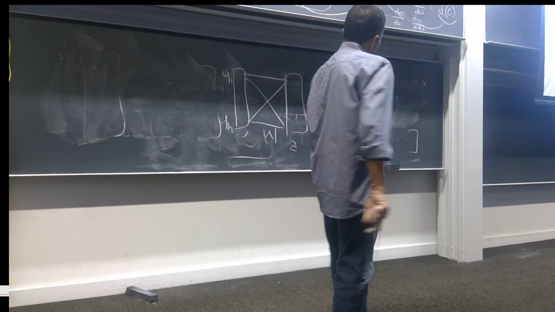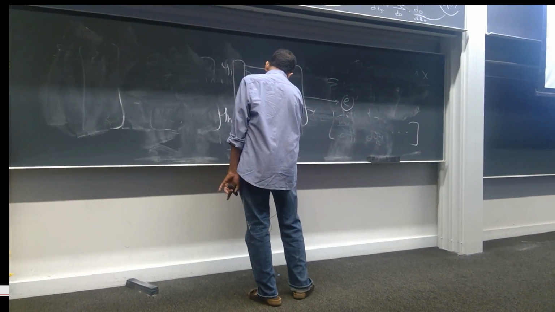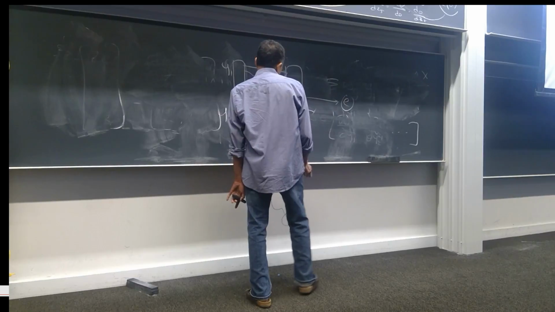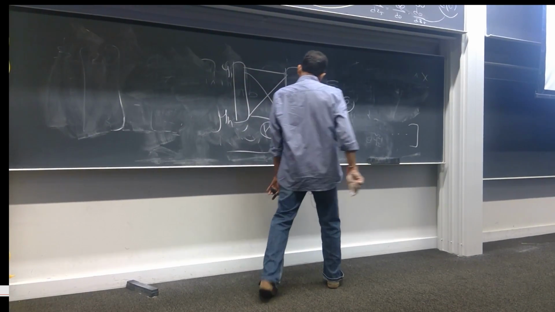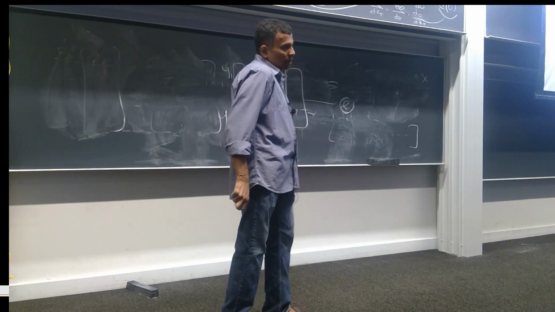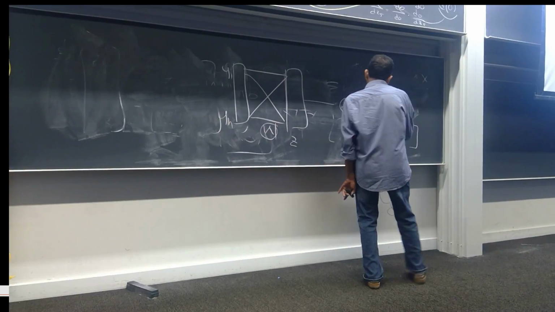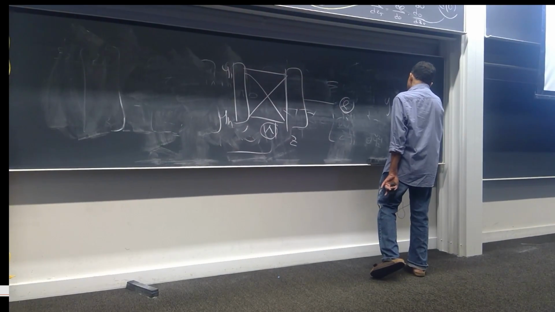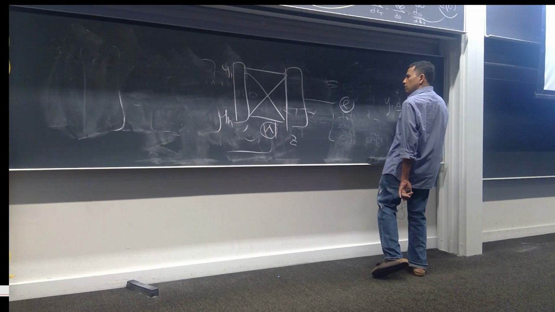Then the derivative of e with respect to w is going to be y times the derivative of e with respect to z.